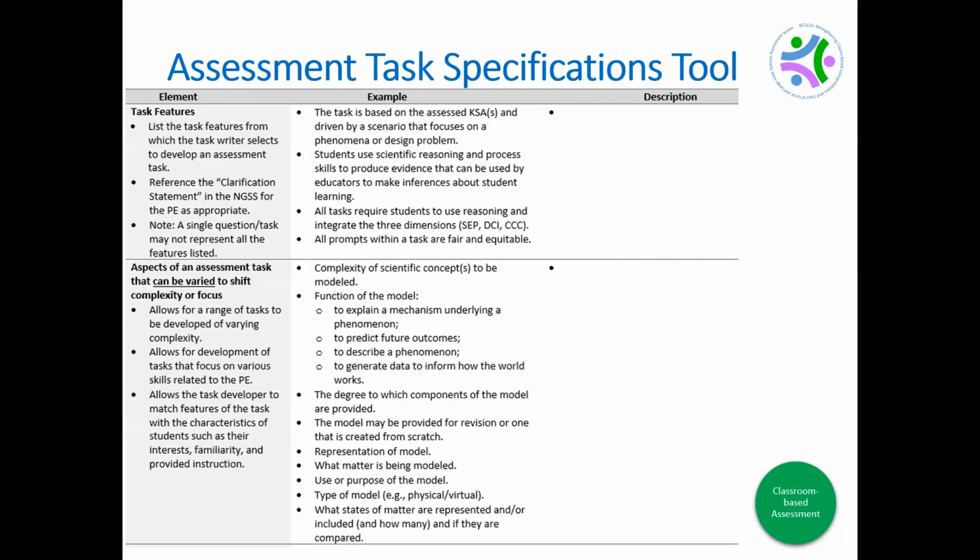We might have different ways in which we present a model, or the way students are to complete a model, the number of components in the model, the number of different types of matter that might be represented, again, particular to this PE. So here the teacher has some flexibility, but they're having to think hard about a range of students, and about where I am in my teaching and what I want to find out about what students know and can do. These are some things that I can vary as a test designer, as a task designer.